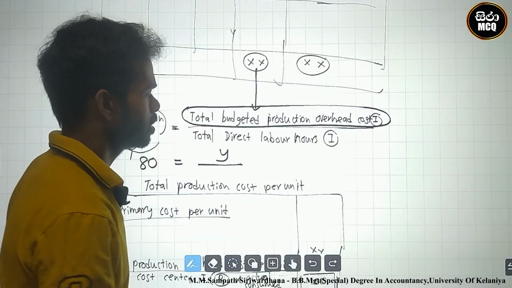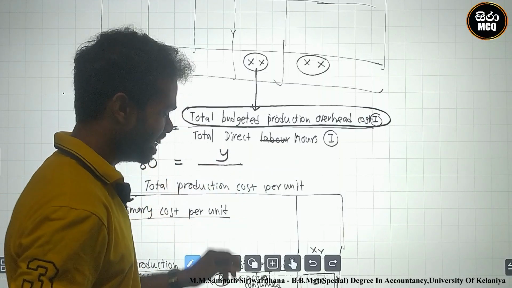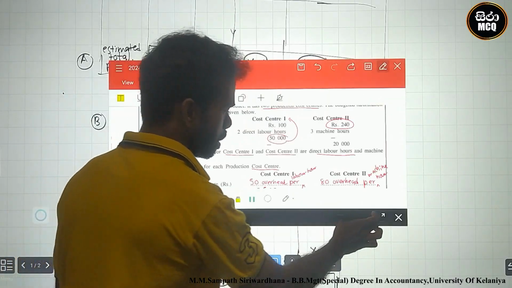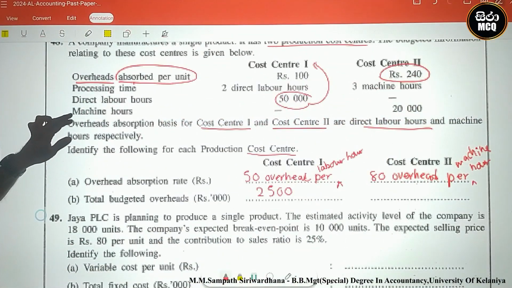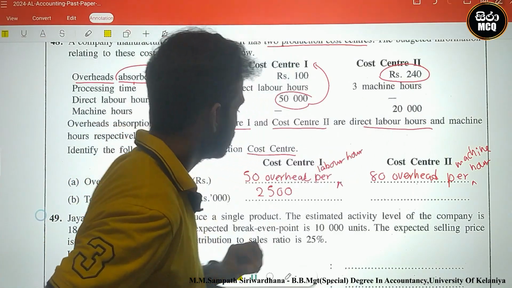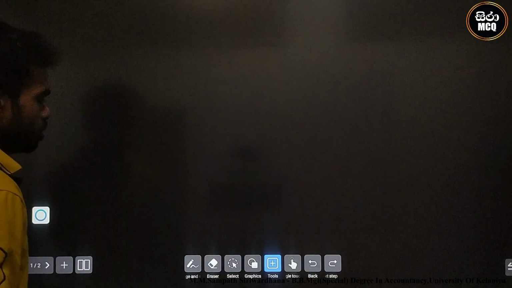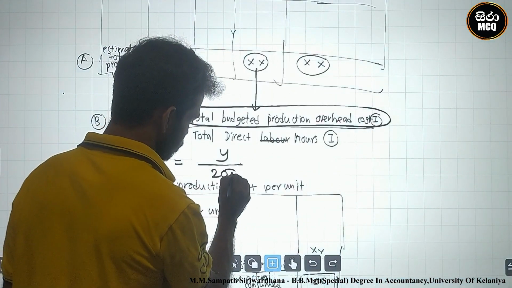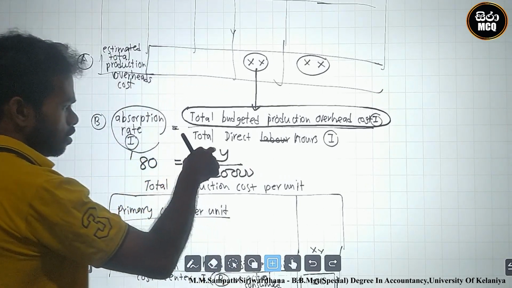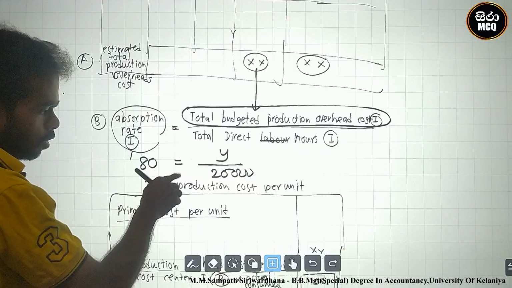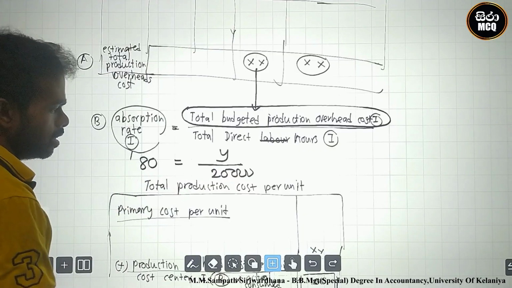Instead of total direct labor hours, we use machine hours. Okay, total direct machine hours. Look here: machine hours total 20,000 for cost center 2. Total budgeted production overhead divided by 20,000 gives 80.